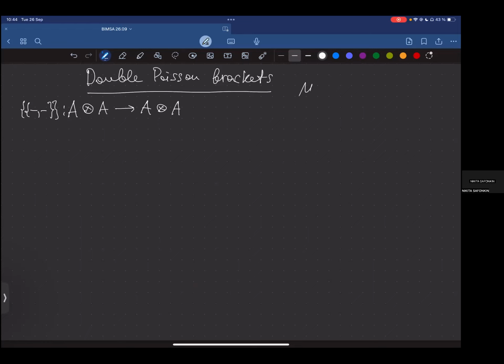These double Poisson brackets were invented by Michel Van den Bergh in his paper from 2004, which is named Double Poisson Algebras. And a double Poisson bracket is such a bilinear map that satisfies the following properties.